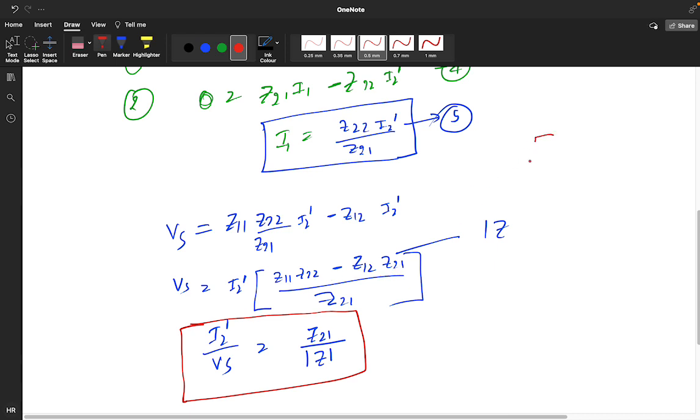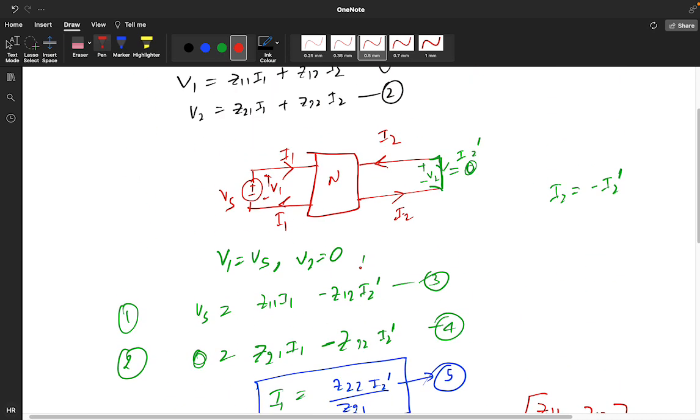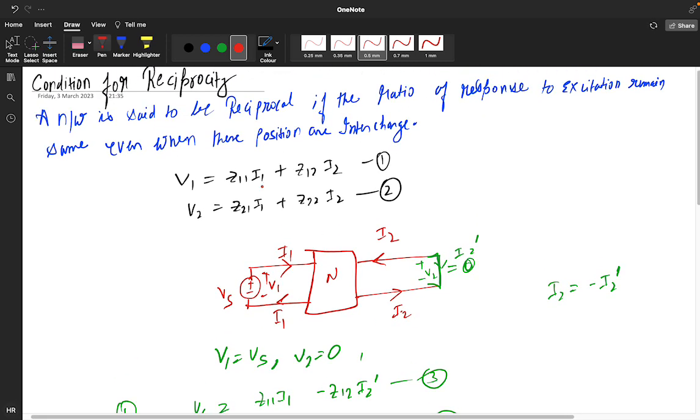If you draw the matrix, you have Z11, Z12, Z21, Z22. The Z parameter equations are V1 equal to Z11 I1 plus Z12 I2, and V2 equal to Z21 I1 plus Z22 I2.